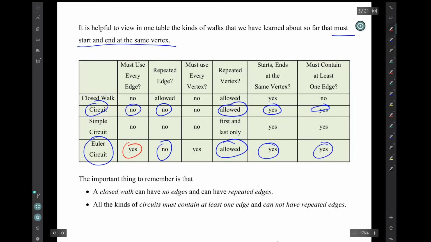And an Euler circuit must use every vertex, and a general circuit does not have to. An important thing to note is that a closed walk can have no edges and can have repeated edges, whereas all the kinds of circuits must contain at least one edge and cannot have repeated edges.